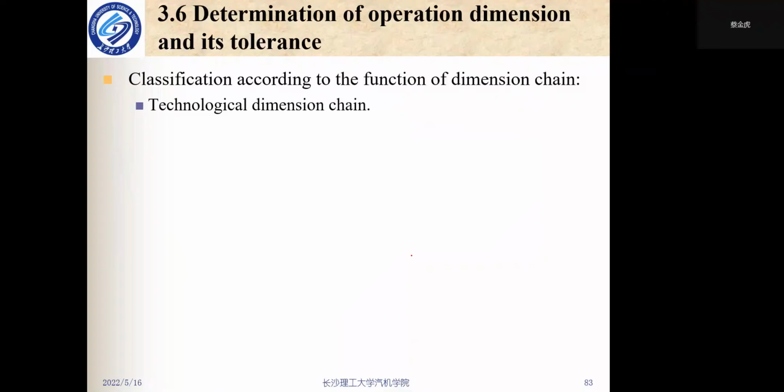The dimension chain formed by some related dimensions of the single component in the machining process is called the technological dimension chain.